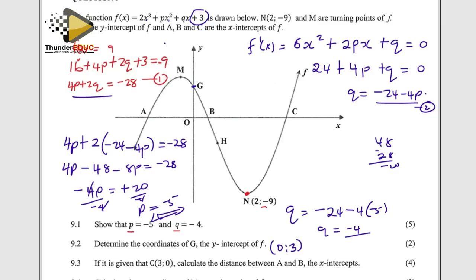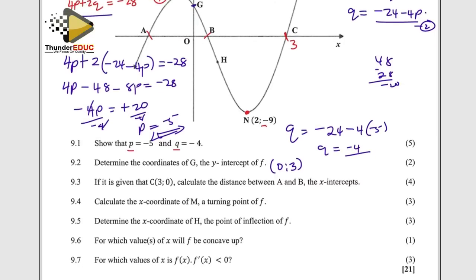And then it's given that C has coordinates of 3, 0. Can we calculate the distance between A and B? They indirectly want us to determine the intercepts.